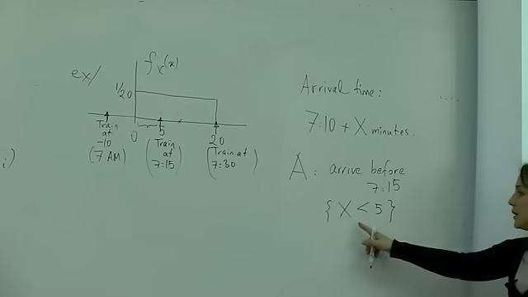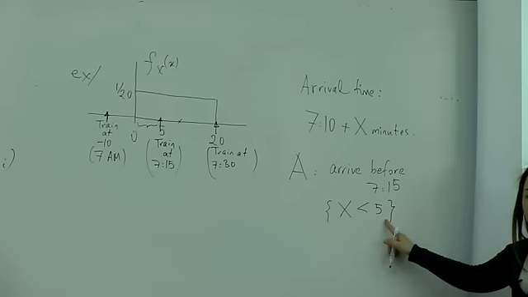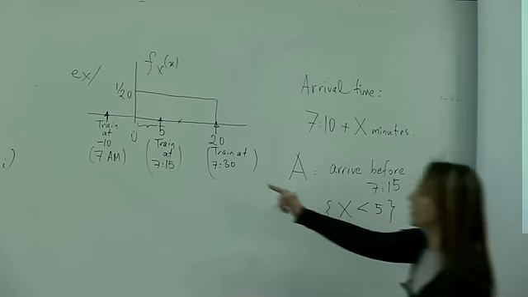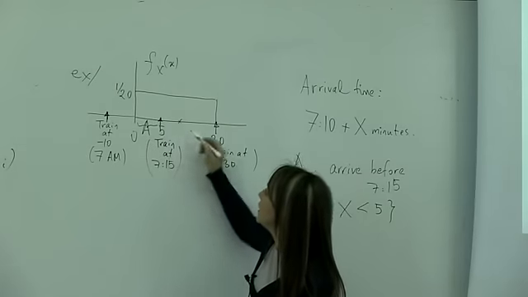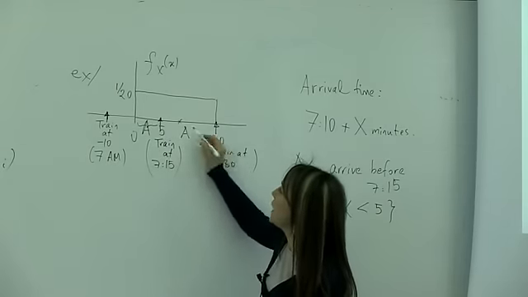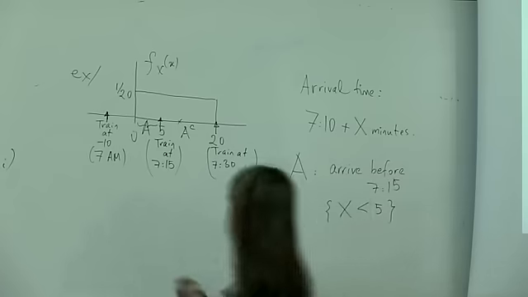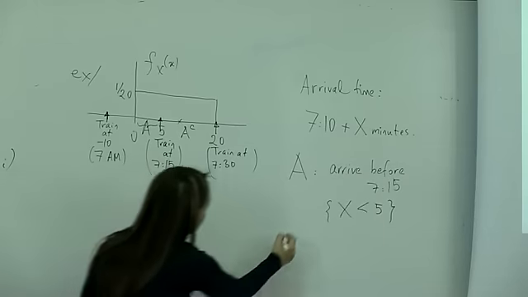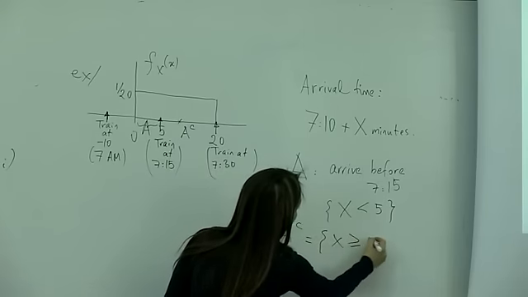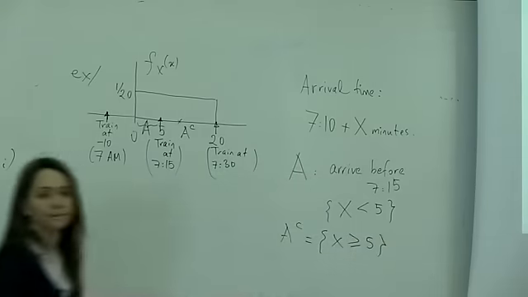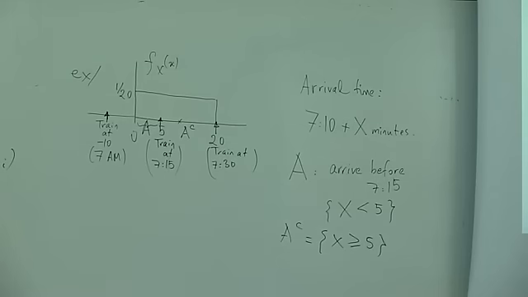Okay, X less than 5 corresponds to arriving in this interval. Maybe let me just mark this as A. In that case, this part would be A complement, which is X bigger than or equal to 5. So I have partitioned the sample space into these two disjoint events.